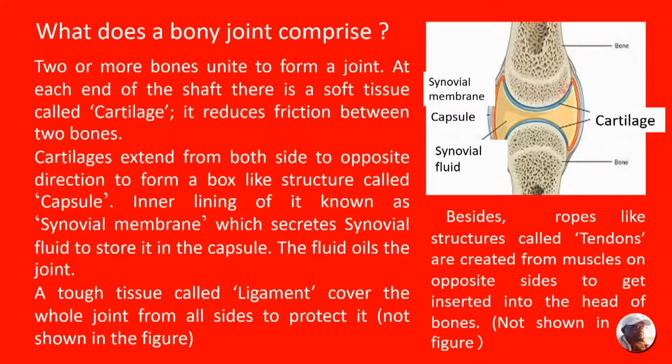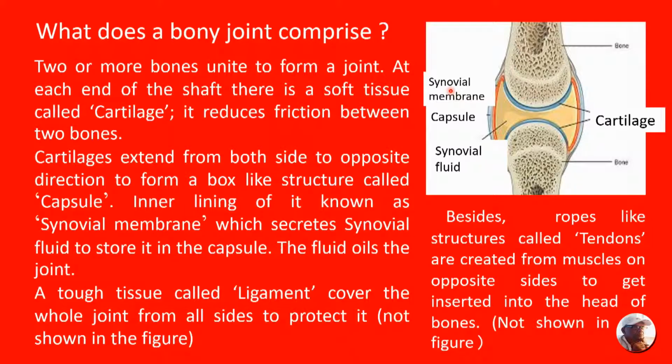Now this cartilage, you see, extends from this side to this side, and from this side to that side, so that in all it makes a cage or box. This is a box-like structure called capsule, and the red part on both sides of this box-like structure is called synovial membrane.